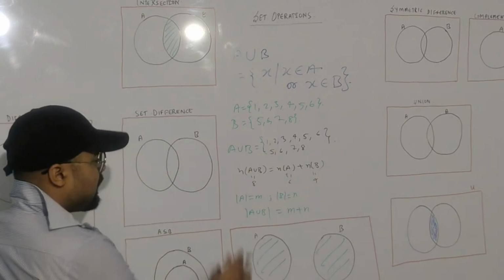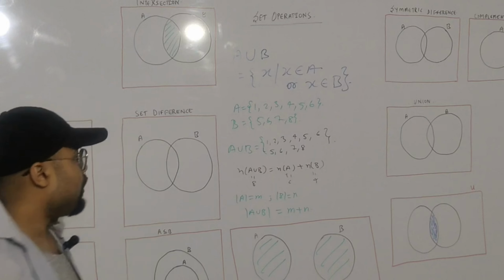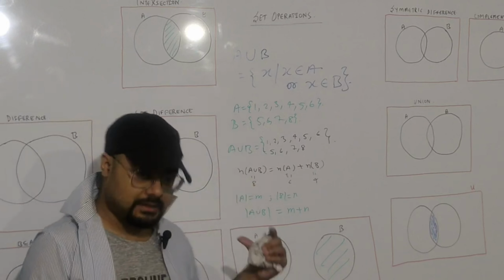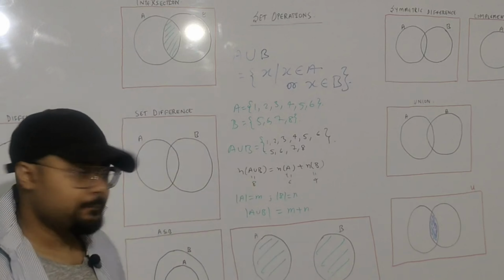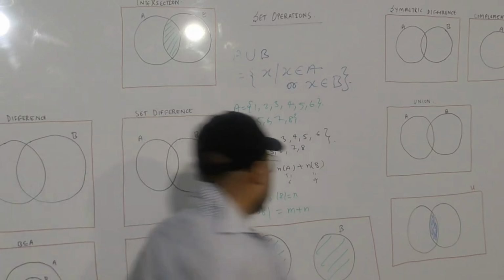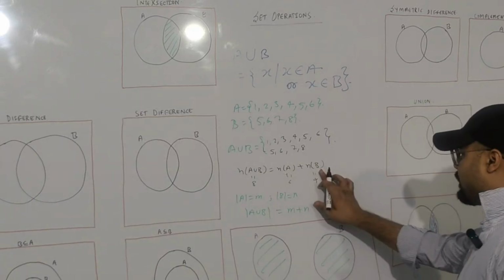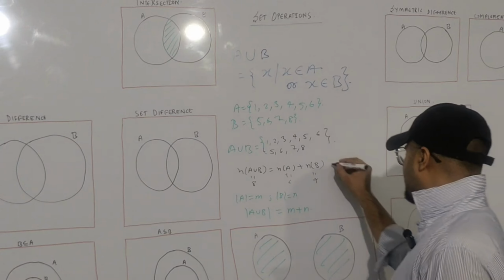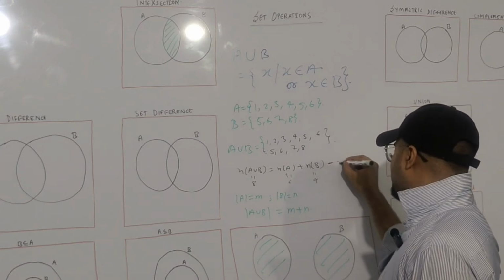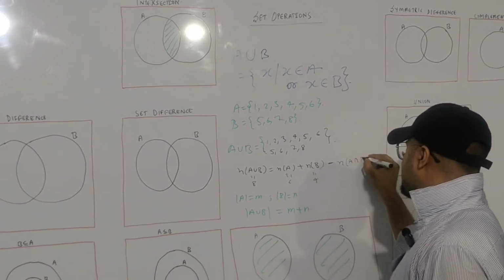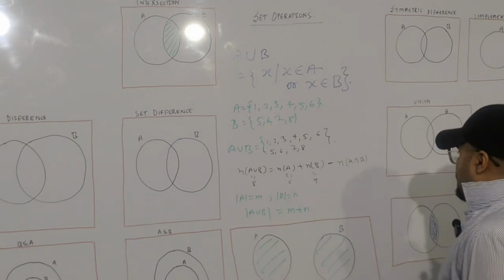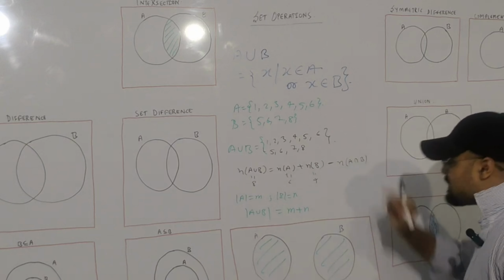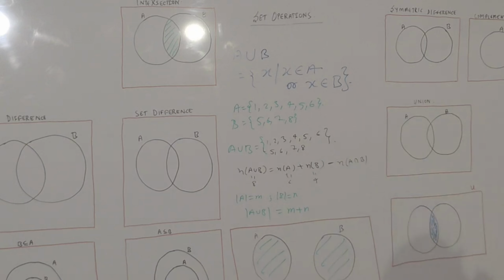So the correct formula to find the cardinality of the A union B set is the number of elements in A plus the number of elements in B, then I am going to subtract the number of elements in A intersection B. When you subtract it one time, so what happens?